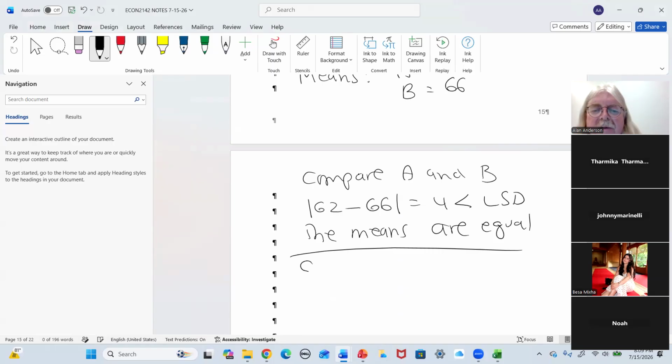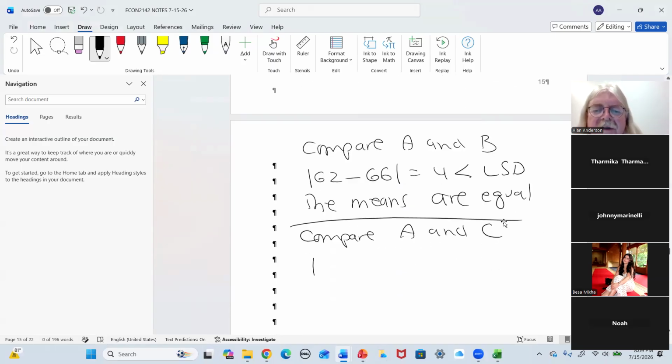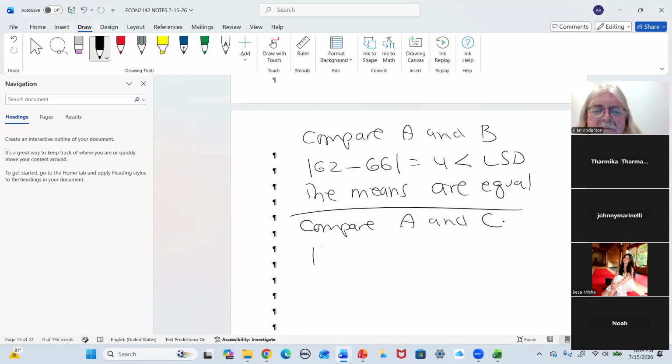Then we'll compare A with C. That's 62 and 52. That one's greater than the LSD, so the means are different.